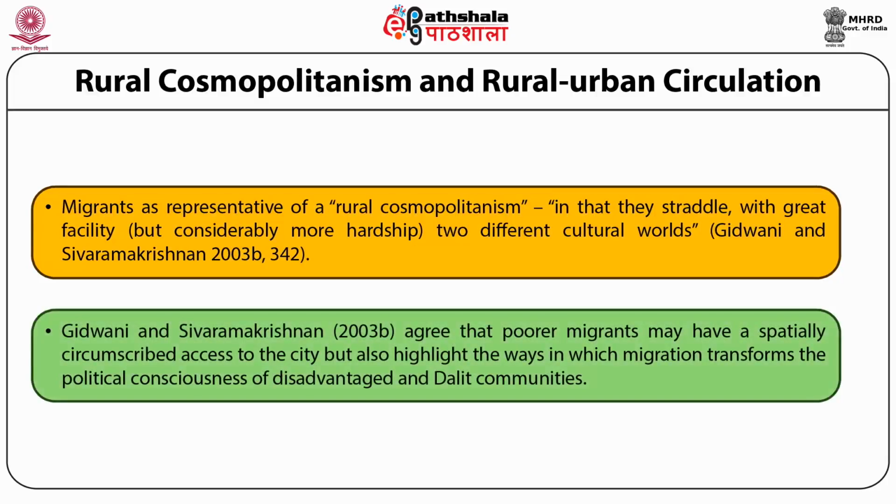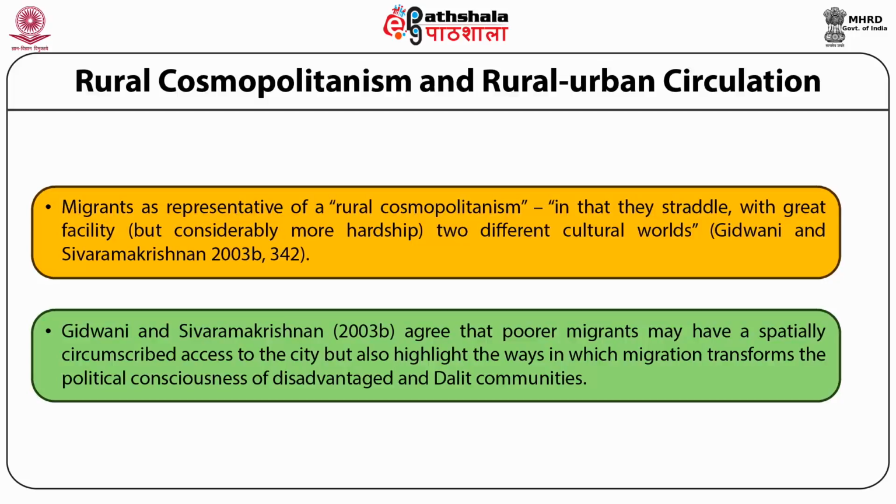Gidwani and Sivaramakrishnan agree that poorer migrants may have a specially circumscribed access to the city, but also highlight the ways in which migration transforms the political consciousness of disadvantaged and Dalit communities.